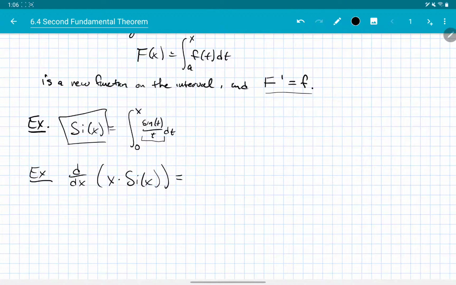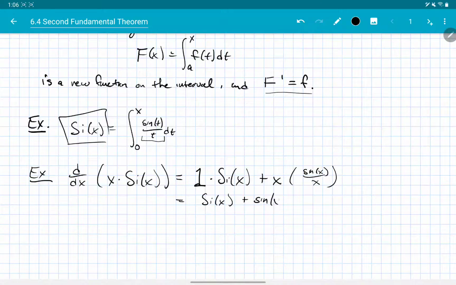By using the product rule, we know the derivative of x is 1. We would multiply that by psi x, plus x times the derivative of psi x. Well, the derivative of psi x is sine x over x by the second fundamental theorem. So this is going to be psi x, simplifying, plus sine of x. And so we can calculate that derivative.